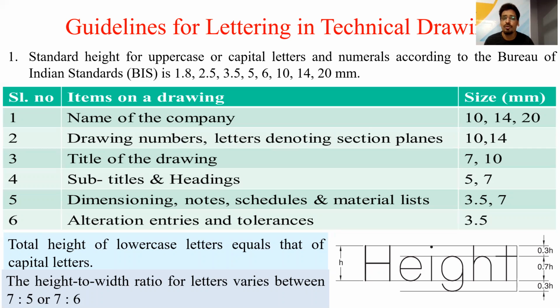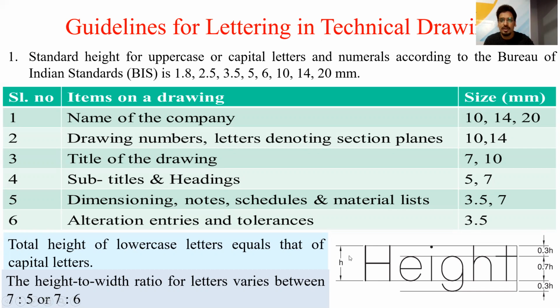The total height of a lowercase letter is equal to the height of a capital letter. It means this is the uppercase letter, its height is h, and the height of the lowercase letter is also h. The height to width ratio for a letter varies between 7:5 or 7:6.